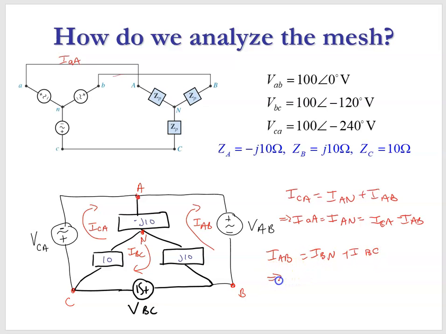So that gives us our IbB, which is equal to IBN, is equal to IAB minus IBC. And then we can also get that our IcC, which is equal to ICN, right? That's this, our ICN current is going this way here, so that's equal to our IBC minus ICA.